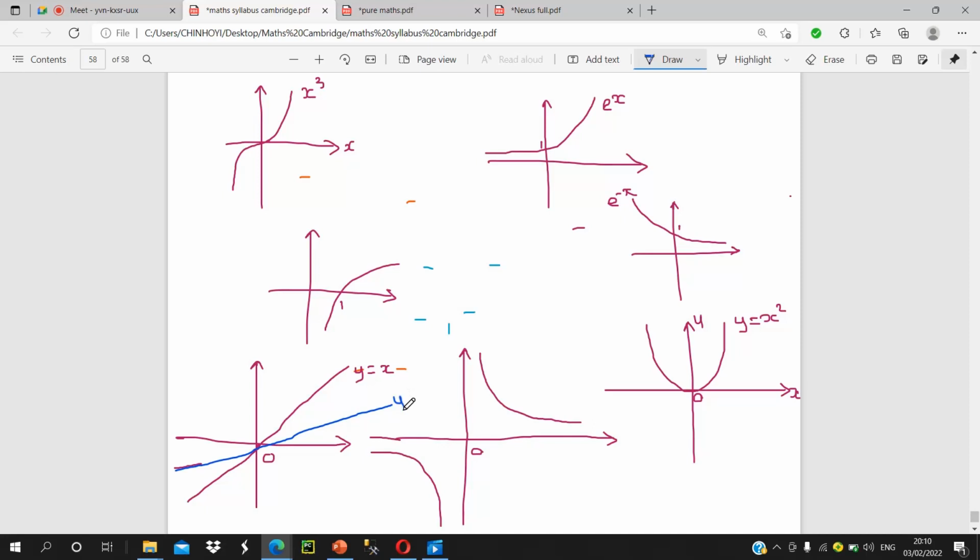So if we have a fraction, maybe 1 over bx, right? Yes. That will be the shape.